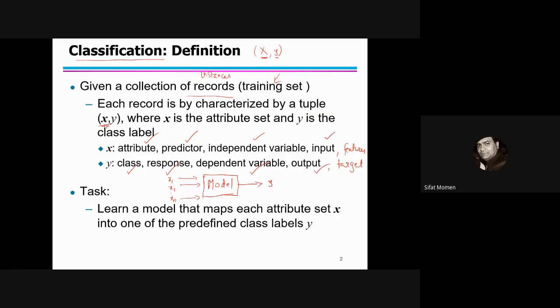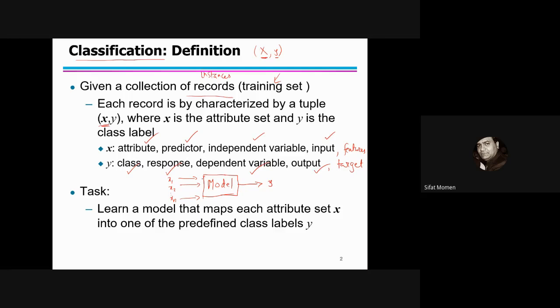Clear, Nakina? And then in the training set, we are doing supervised learning. So for each X, we know the corresponding Y in the training set. So the classification algorithm will learn from this training set the map, or the way we can model these X's to the corresponding Y, right?